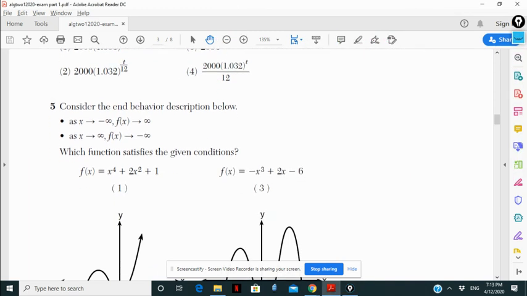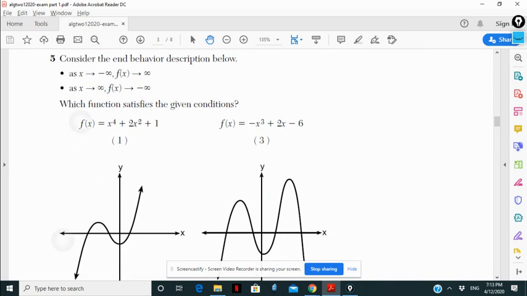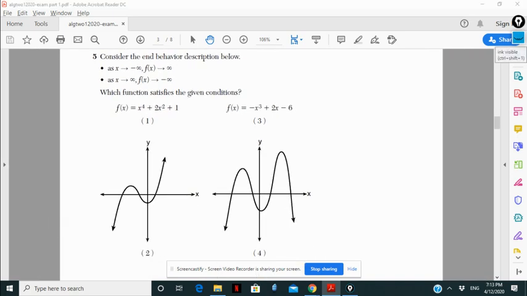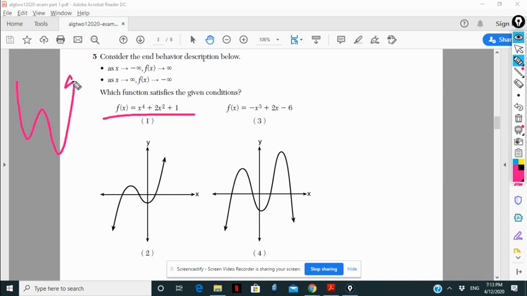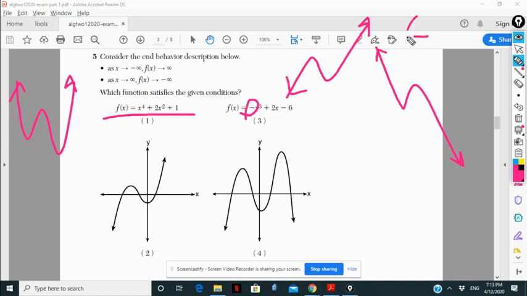Question number 5. He's giving me the behavior of a function, and he wants to know which function follows this one. This is a quadratic, it should look like that. And this is inverse. The regular cubic is this one. Since it's going to flip, that's for the negative one.